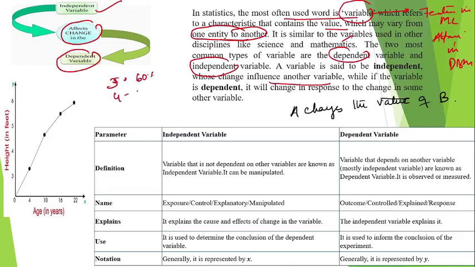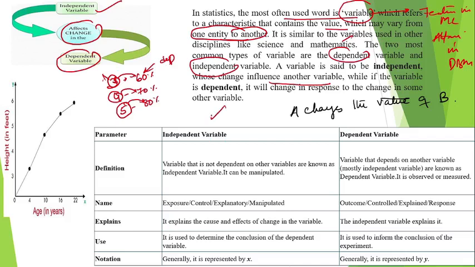If you study 4 hours, you will get 70% of marks. If you study 5 hours, you will get 80% of marks. This affects your result. This becomes independent, this becomes dependent, correct?